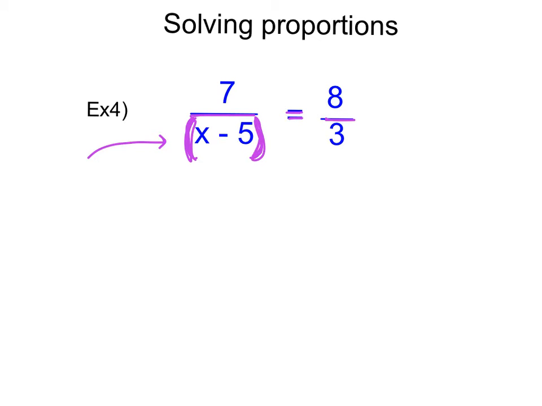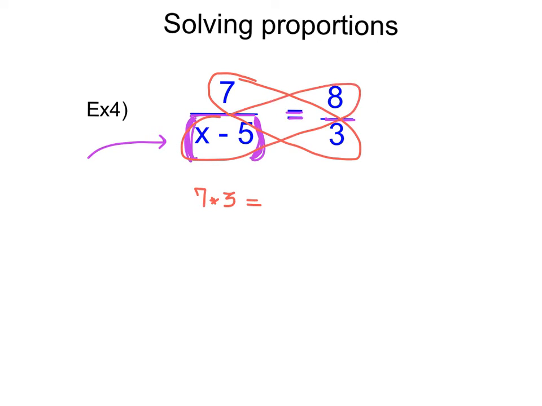So here, if we go through this same strategy, now that we've added our parentheses, we have numerator times other denominator, so 7 times 3 is equal to denominator times other numerator, so I have in parentheses x minus 5 times 8. Well, my left-hand side simply becomes 21.